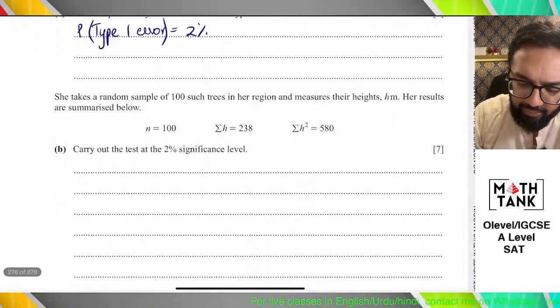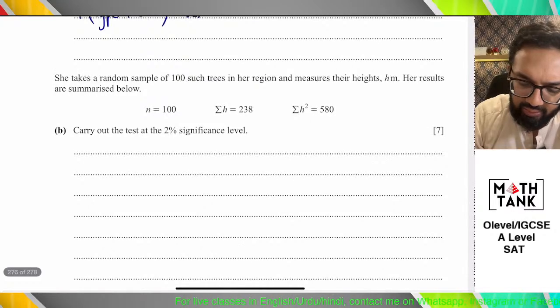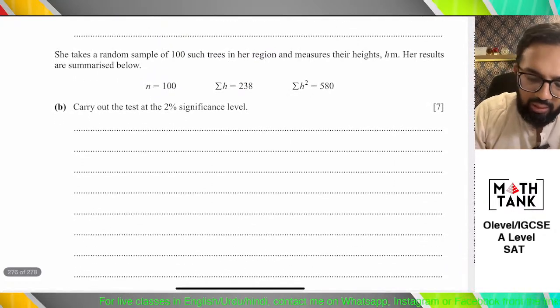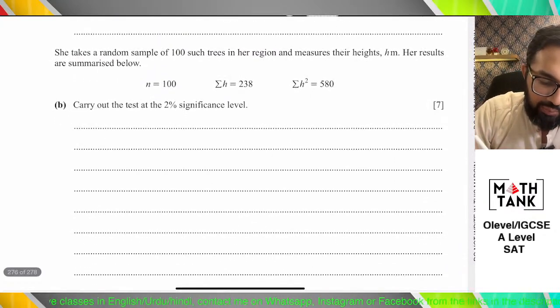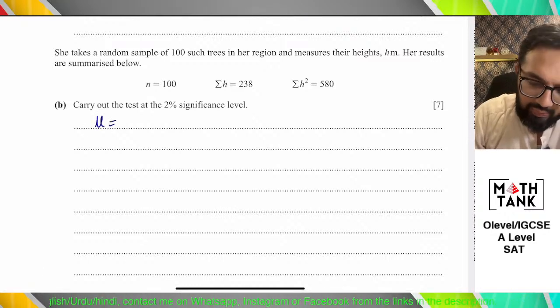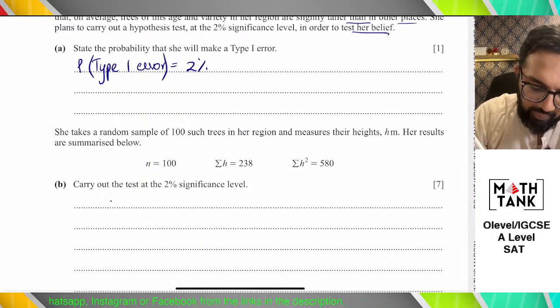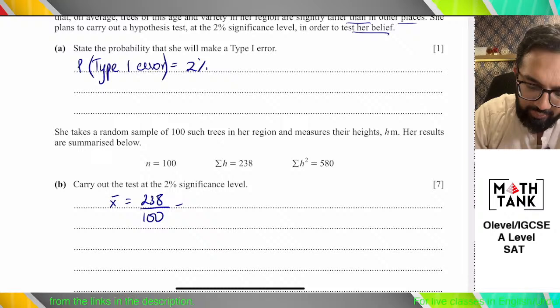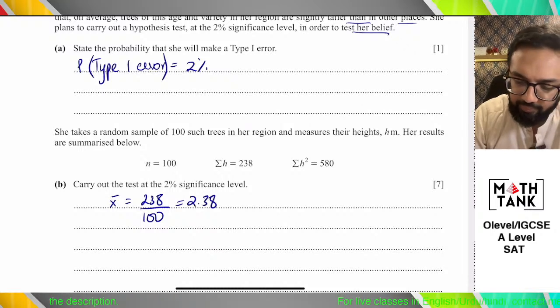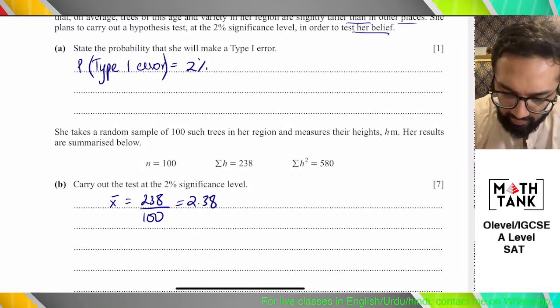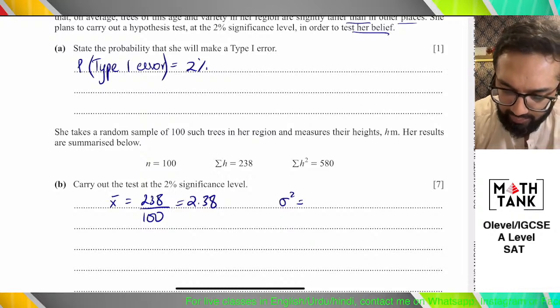She takes a random sample of 100 in the region and tests their height. Her results are summarized below. Okay, so first I'll have to find the unbiased estimates of mean and variance. I have x bar from here, 238 divided by 100, that's 2.38. Okay, and for the variance, I'm going to use this data and unbias it.